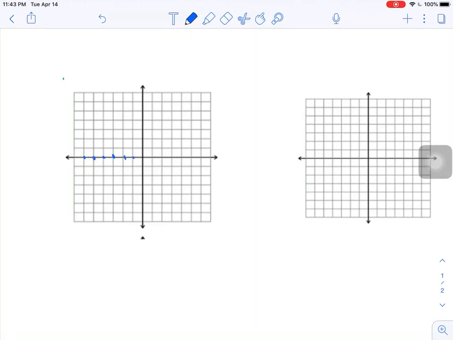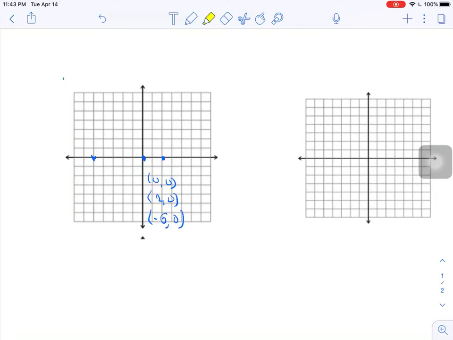So I want to think about just a minute about what the coordinates are for those points. So I could mark that point. That's 0, 0. I could have a line that crosses the x-axis right there. That's 2, 0. Maybe my line crosses over here. If it crosses over there, that would be negative 5, 0.